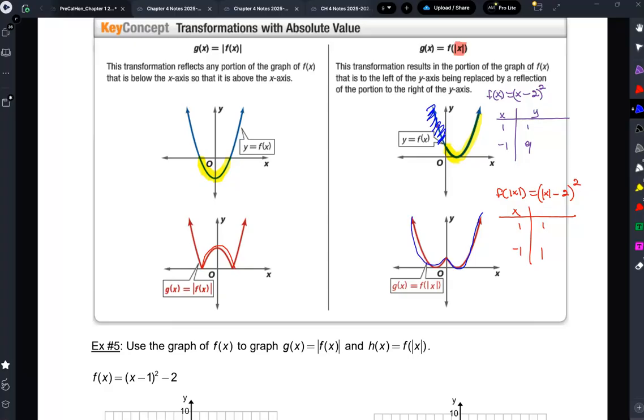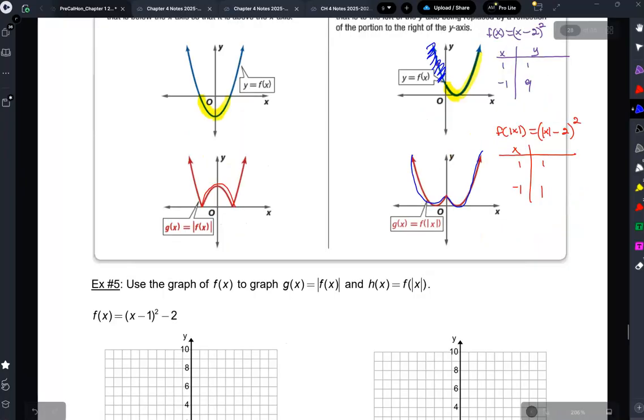Because for negative 1, you have the same y value as positive 1. You know what I mean? You just clone the positive y values. So you can have a graph over the negative x values, but the y values will have to be the same thing as for the positive ones.